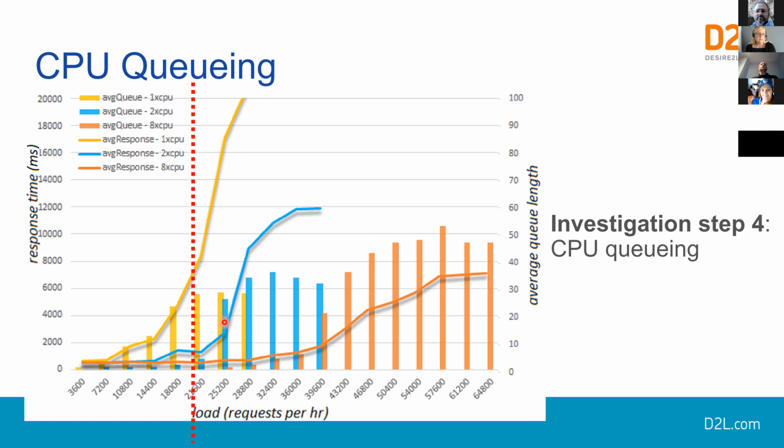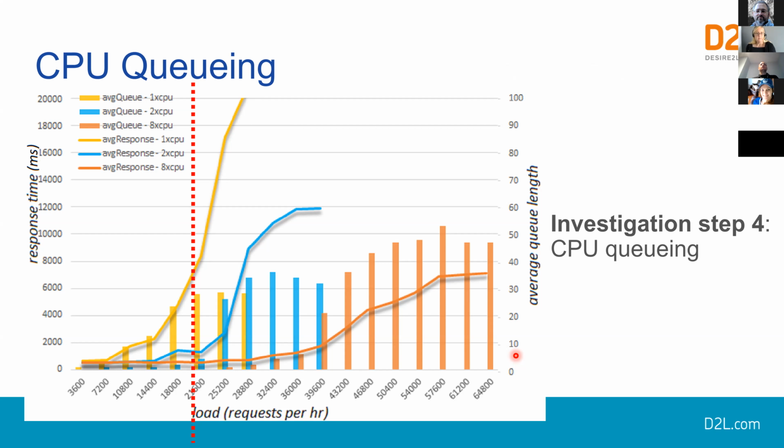So at that load of 21,000 requests per hour, 8-second response time is seen for a single processor, and the processor queue has, following the yellow bar across, about 30 requests waiting to be processed. And for that same load, a much reduced 1-second response time, following the blue bar across, there's about 5 requests waiting to be processed.